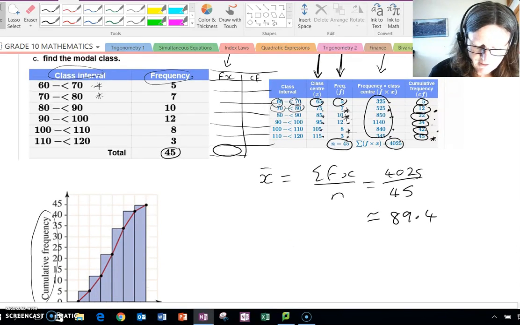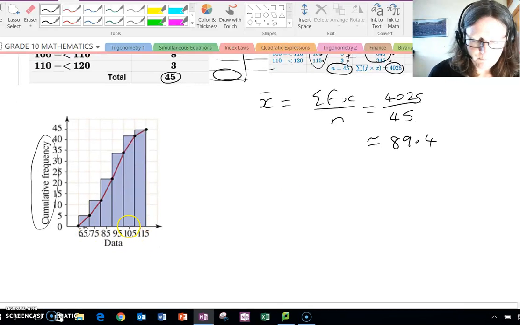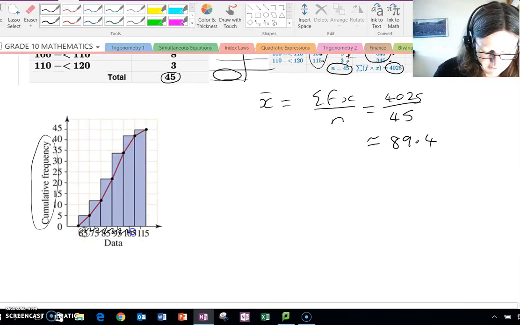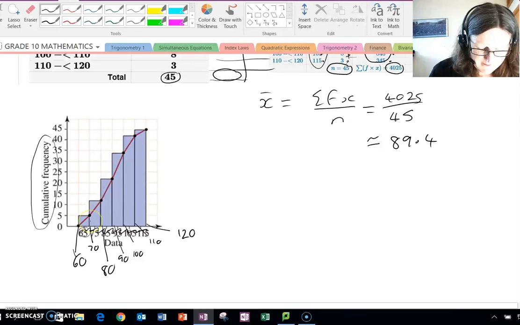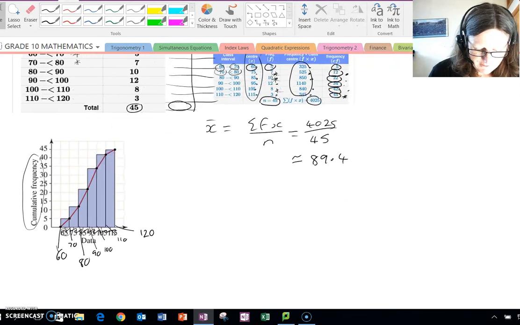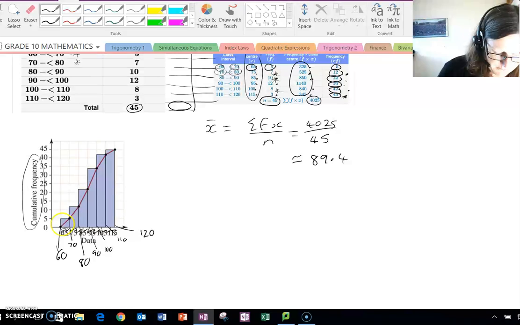So you can see that the textbook has put all the class centers down here. The way we do it is we put here the class intervals. So this was 60, this was 70, 80, 90, 100, 110 and 120. And what we do, between 60 and 70, the cumulative frequency was 5.